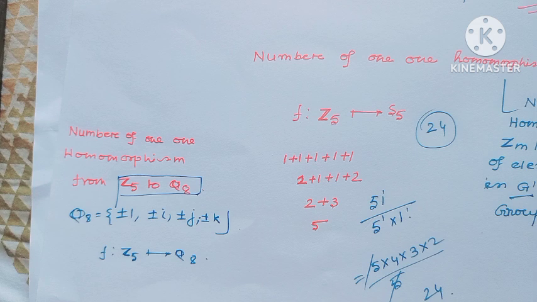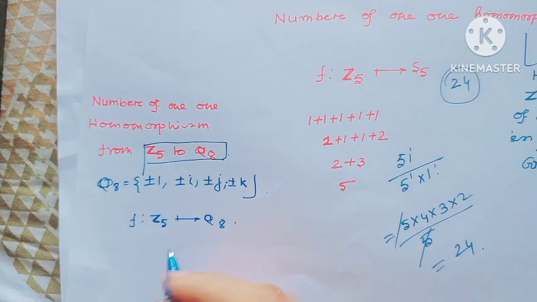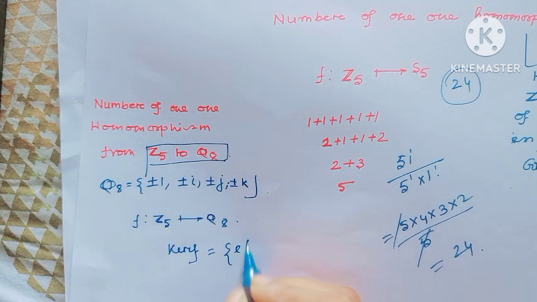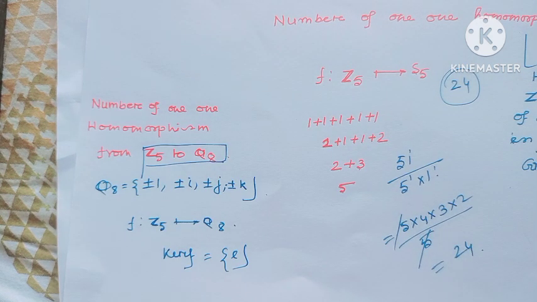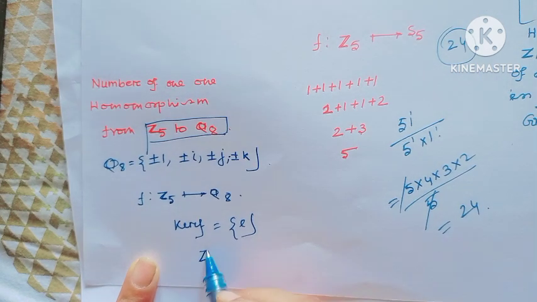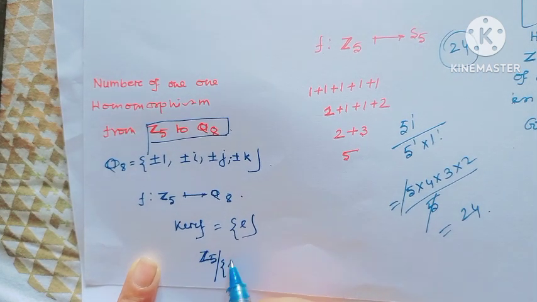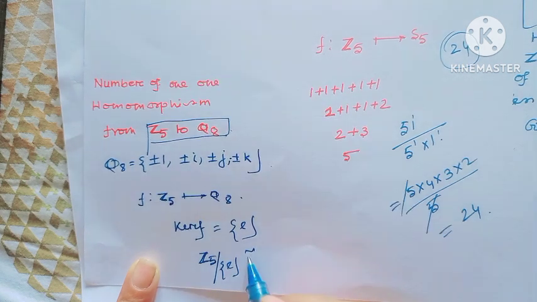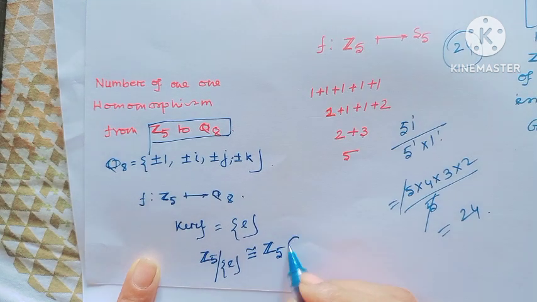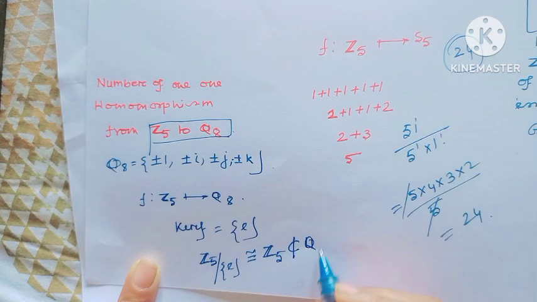If there exists a mapping f from Z5 to Q8, and the kernel is the identity, then the mapping is one-one, we all know. And by the fundamental theorem of homomorphism, Z5 divided by identity is isomorphic to Z5, and this is not a subgroup of Q8.